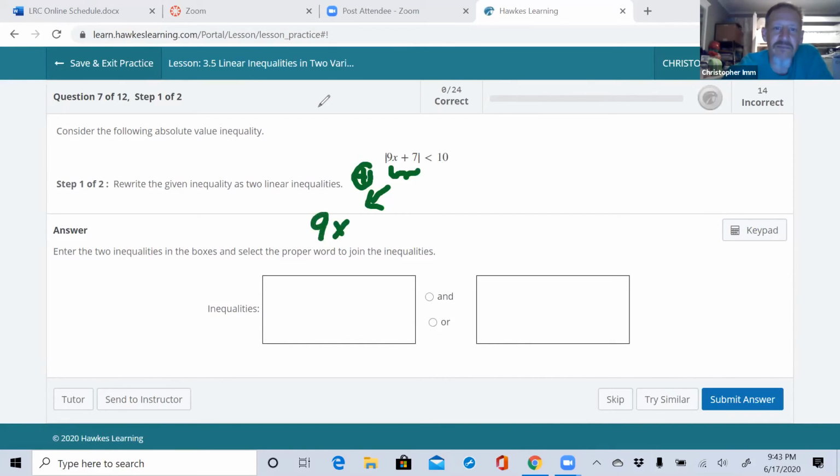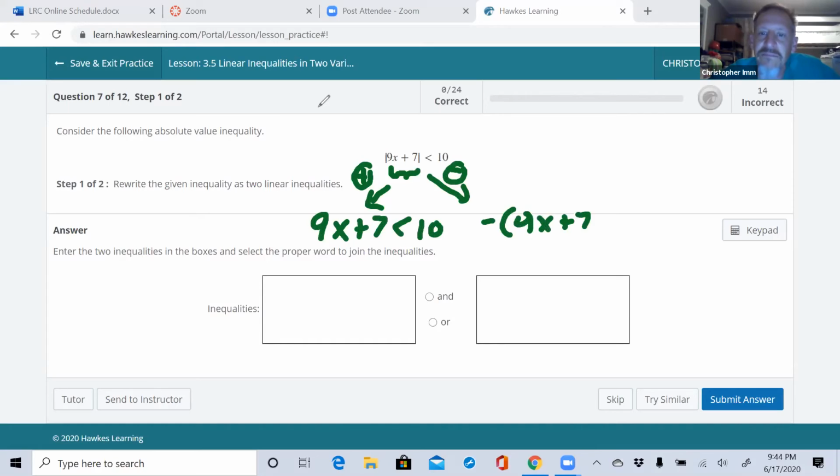So we'll have 9x plus 7 is less than 10. However, if what's in there is negative, if that number 9x plus 7 is negative, then those absolute values are going to make it the opposite. So that'll be negative the quantity 9x plus 7 is less than 10.